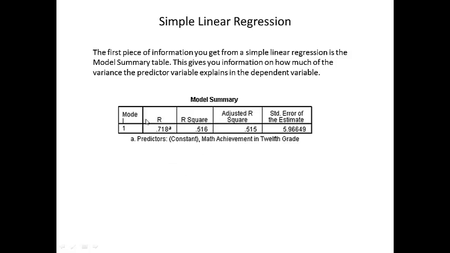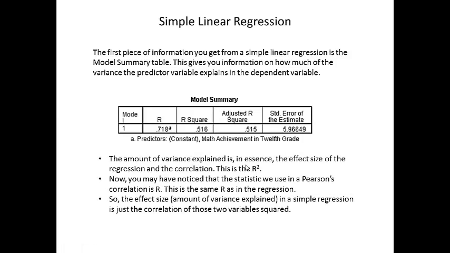So our correlation, these two are very well correlated, and as far as its predictive value, in other words, how well one score can predict the math score, the science predicts the math, it's 0.516. So there's obviously some other things at play here. The amount of variance explained is the R square.